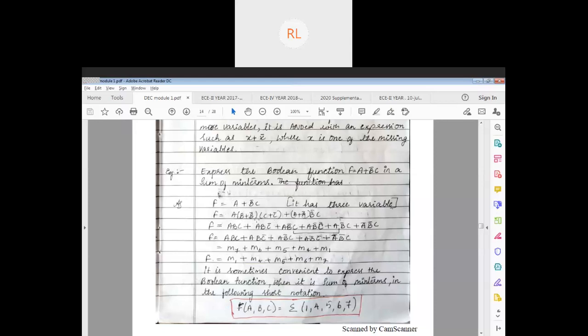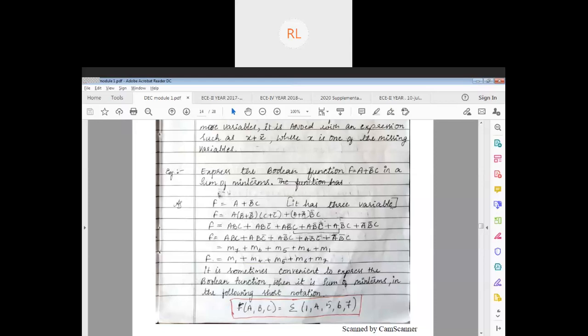And similarly, in the second half of the equation, I do not have A, I just have B and C. So I will use A plus A bar. Now it is a normal multiplication, rearranging, and use of Boolean laws. That is what we are going to do here. So I multiply: A, B, C with the first term, and the second term is going to be A, B, C bar.